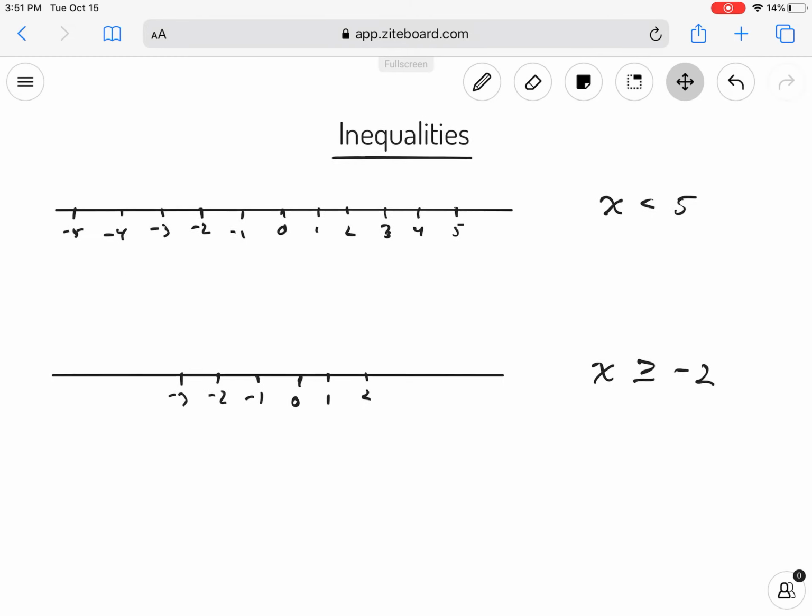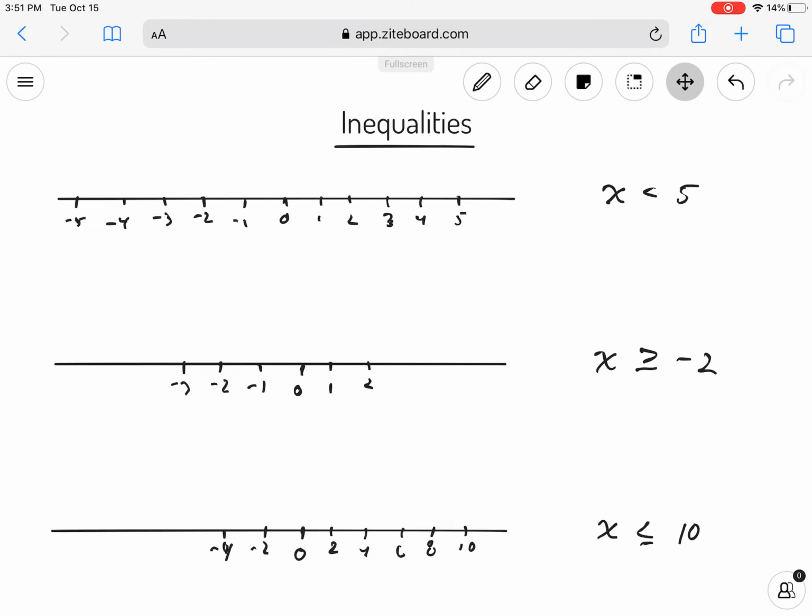So if I have these now, and I say I have x is less than 5, and since it's just less than, it doesn't include 5, so I put an open circle at 5, and since x is everything less than that, then we just include everything till infinity less than 5.